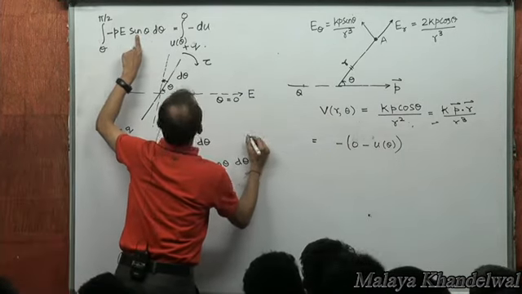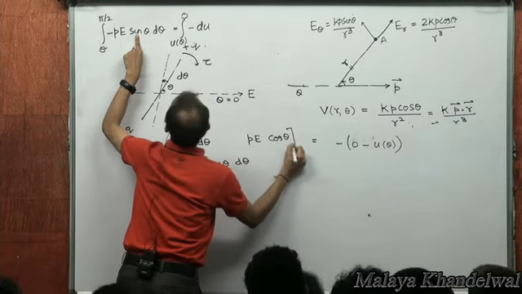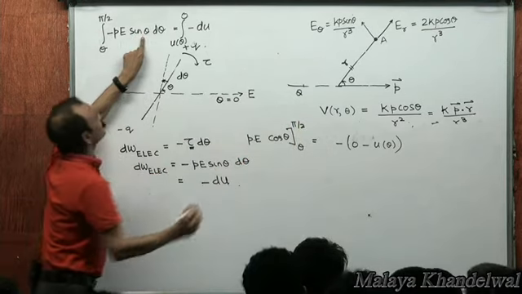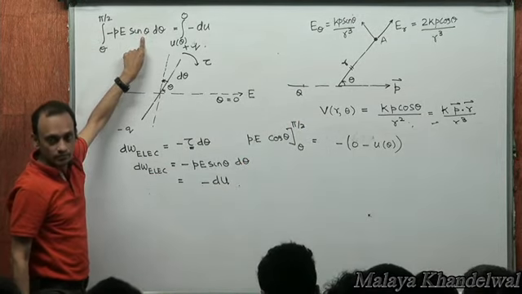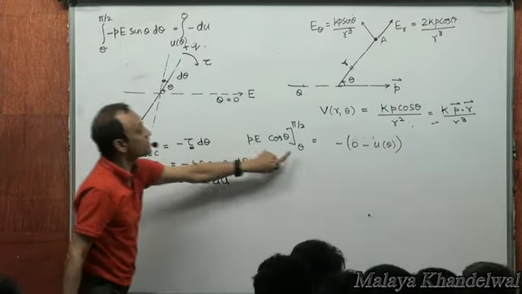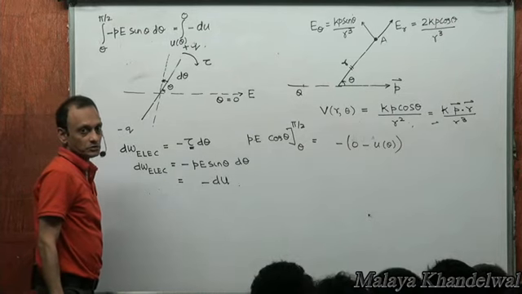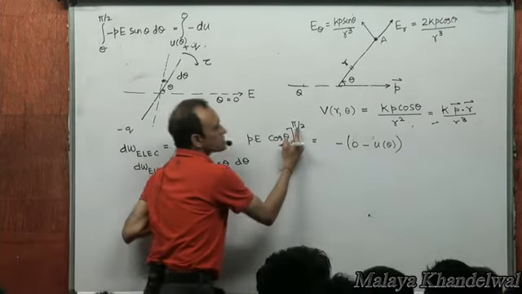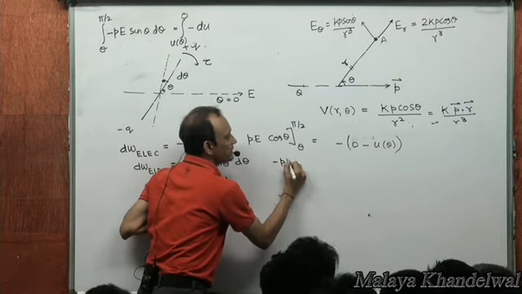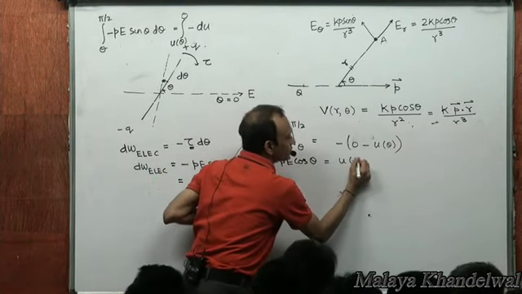So that's Pe cos theta, where theta runs from theta to pi by 2. So this is cos 90, which is 0, minus cos theta. So this is minus Pe cos theta. That's equal to U at theta.